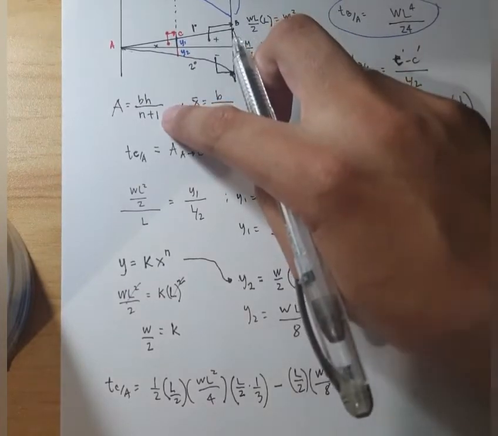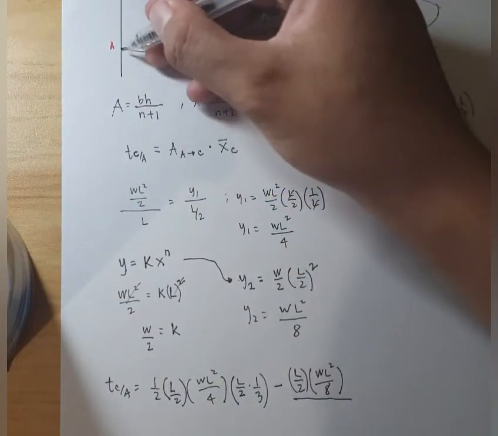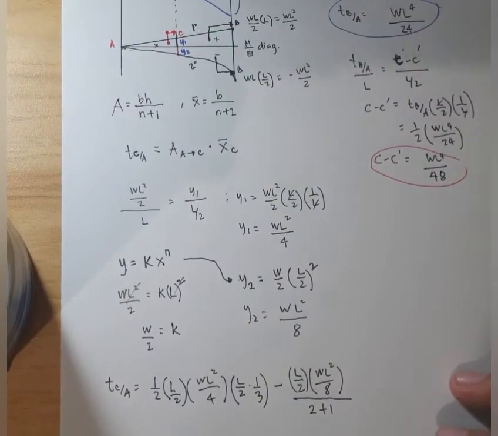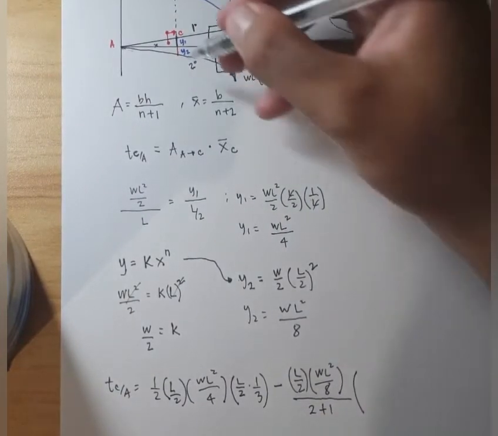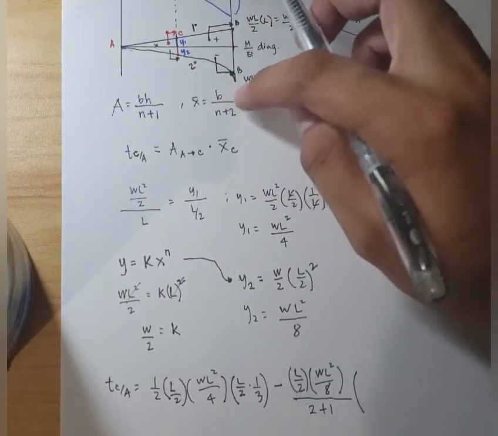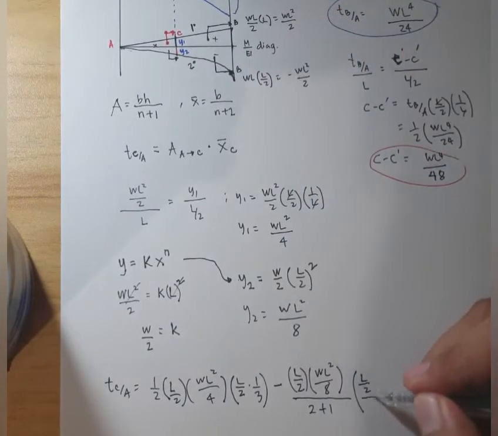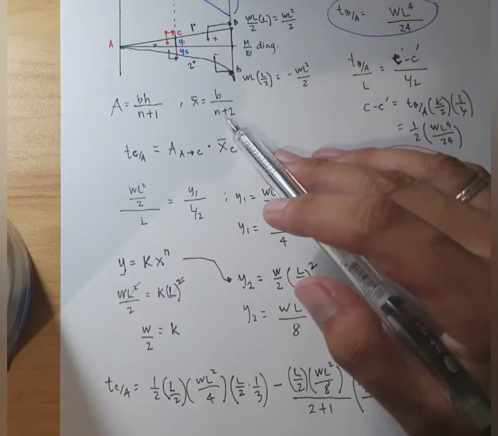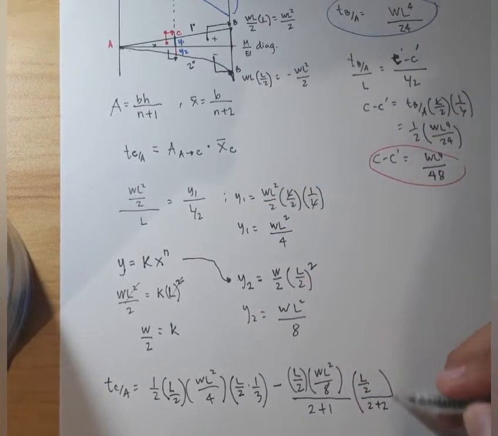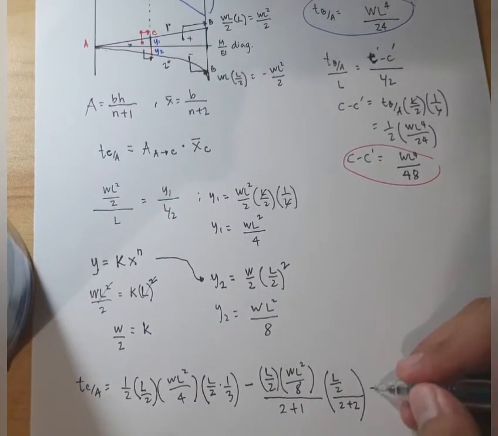Then N plus 1, N is second degree, all throughout that is second degree. So N plus 1 multiplied by the centroidal distance, that is base over N plus 2. So the base is L over 2 divided by N plus 2, so 2 plus 2.